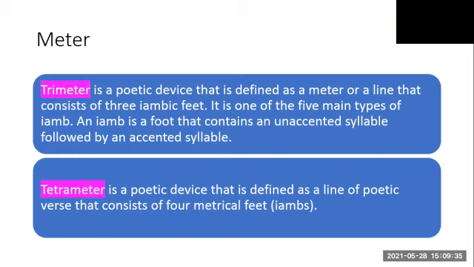Tetrameter, it's again a meter, a line that consists of four iambic feet. So tri means 3, tetra means 4. So Wordsworth in stanza 2 has been alternating between trimeter and tetrameter to reflect his fluctuating perception of nature and space.